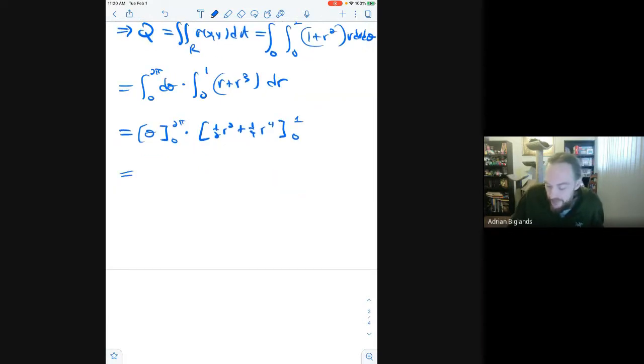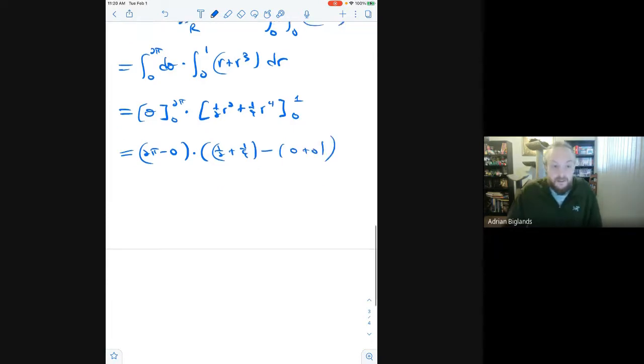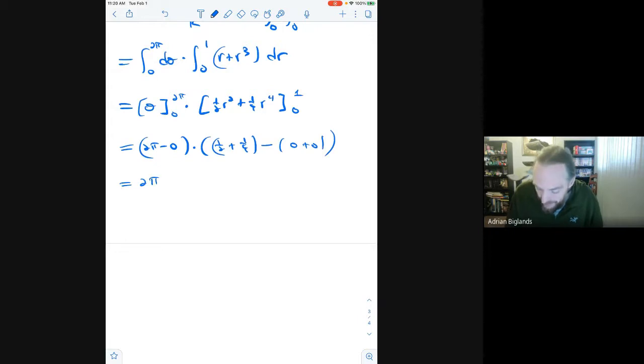This gives us 2 pi minus 0 multiplied by 1/2 plus 1/4 minus 0. So this now gives me 2 pi times 3 over 4, which is equal to 3 pi over 2. Again, coulombs, I guess.